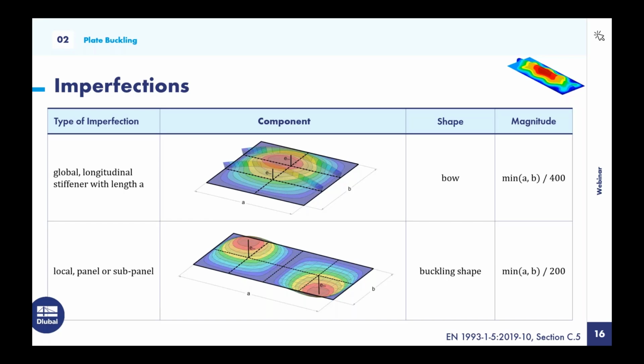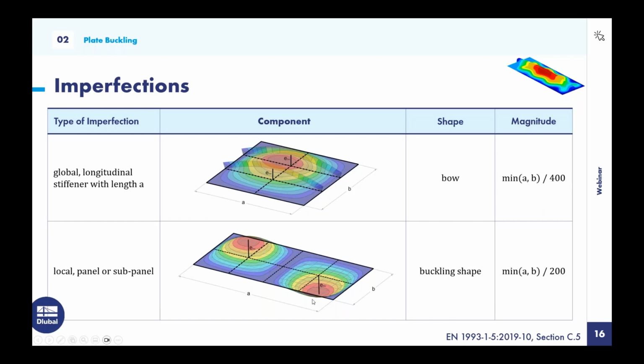For our example, these are the 2 that are relevant. So we have a global imperfection of the whole panel, including the longitudinal stiffeners, and the imperfection shape should be a bow shape with the magnitude of the minimum plate dimensions divided by 400.